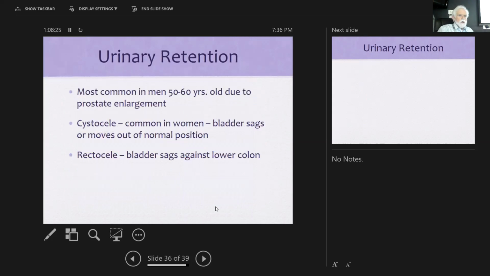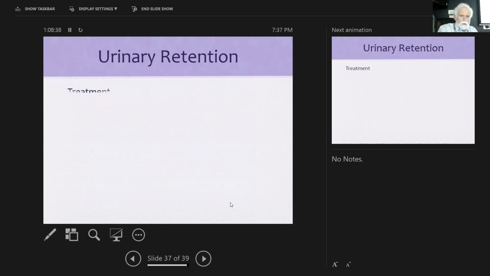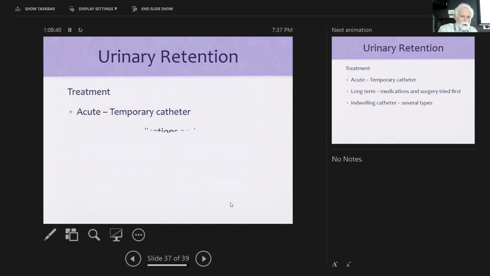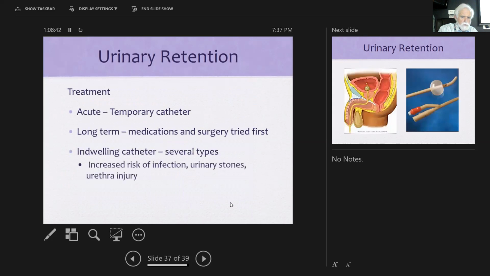Other forms are related to changes in the continuity and structure of the bladder. Treatments are really, this is where we run into catheters for an acute problem that's a result of some sort of medical issue that we can deal with.